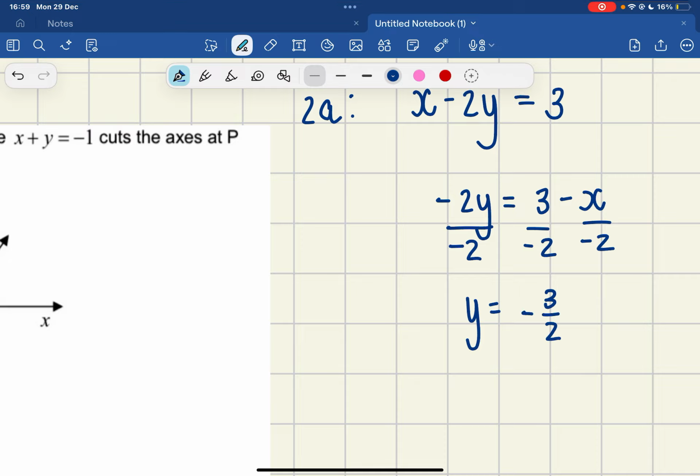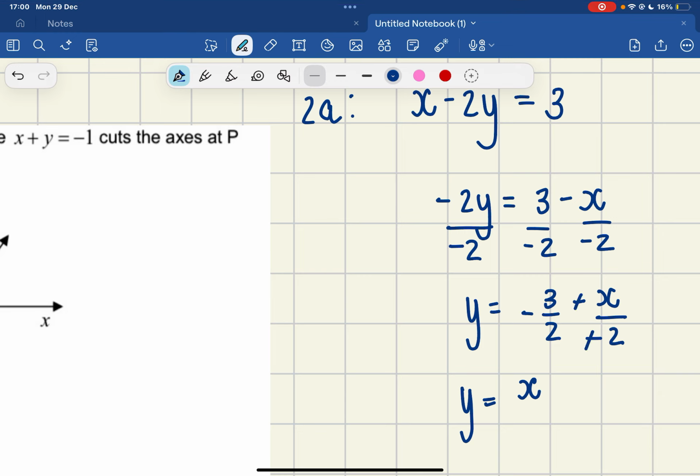-3/2 minus x over -2. So a negative divided by a negative, both would be positive.